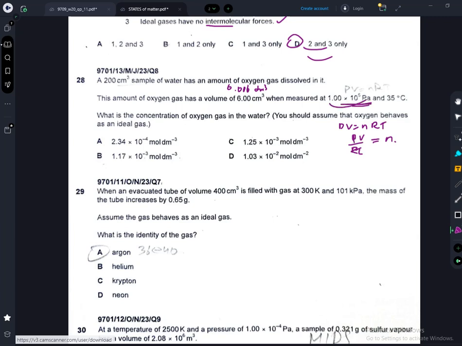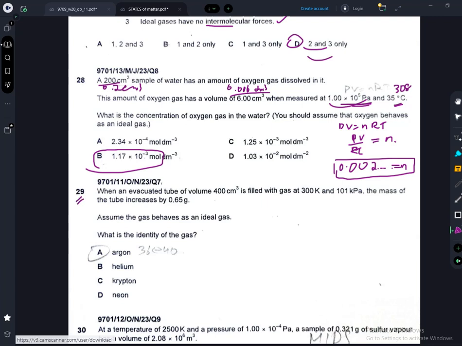I am repeating, pressure in kilopascal. Alert, alert. Volume in decimeter cube. Temperature in Kelvin, which is 308 Kelvin in this case. And R is 8.31. You will get 0.002 point something moles of oxygen gas, and this is divided by 0.2 decimeter cube. You will get your answer B, and it is your right answer.